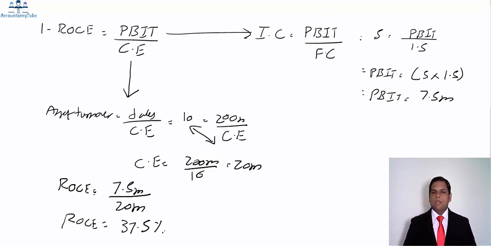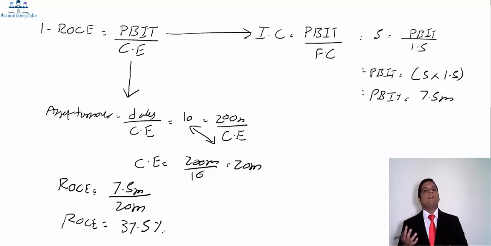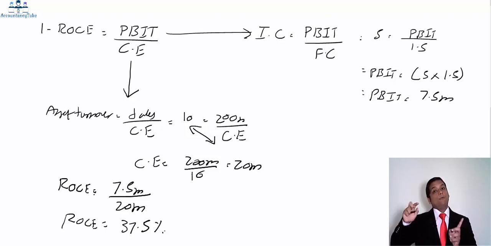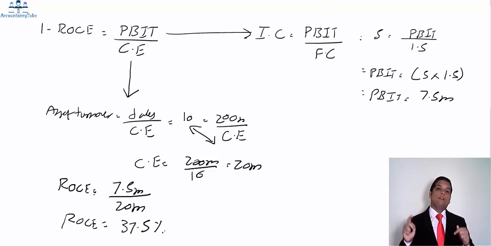In some cases it can even go beyond this and tell you data about another company, and tell you that the interest cover of this company which we are computing is 5 times the interest cover of that company, and you have to compute the interest cover of that company in order to come to the interest cover of this company.